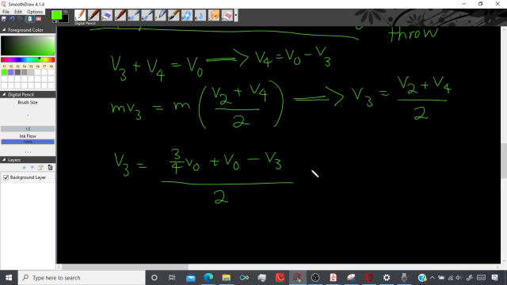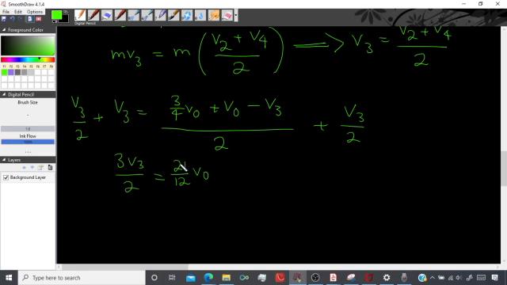And then we want all the v3s on one side, so we can add v3 over 2 to both sides of this equation, and we get that 3v3 over 2 is equal to 21 over 12 v naught over 2.